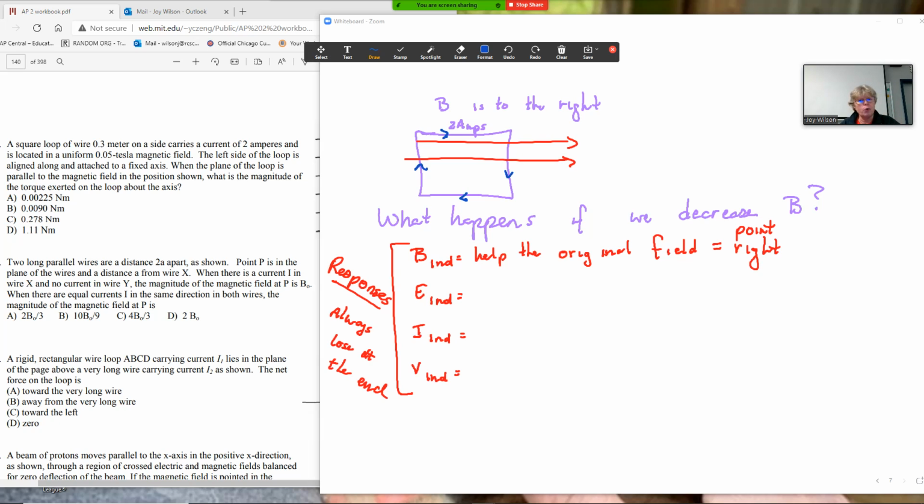Our field is getting weaker. So what's our induced current going to do? It's going to help the original current. So it's going to be clockwise. The induced electric field is going to have to help the original field.